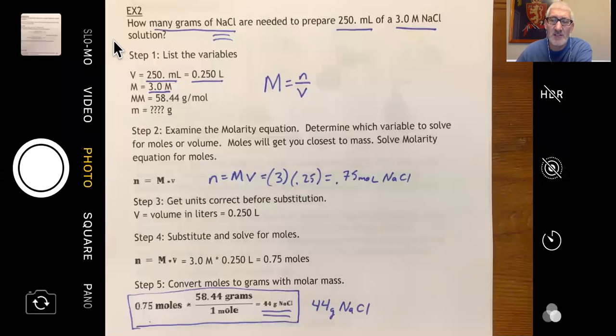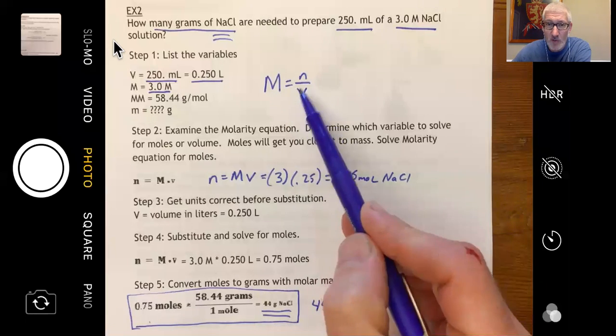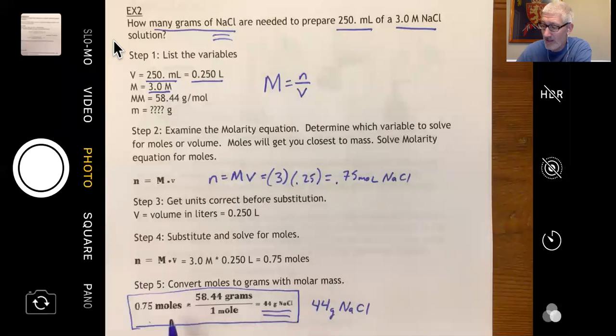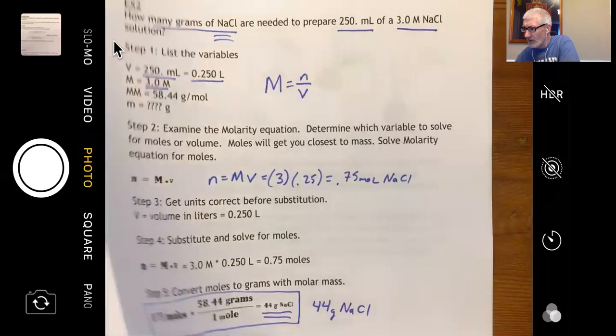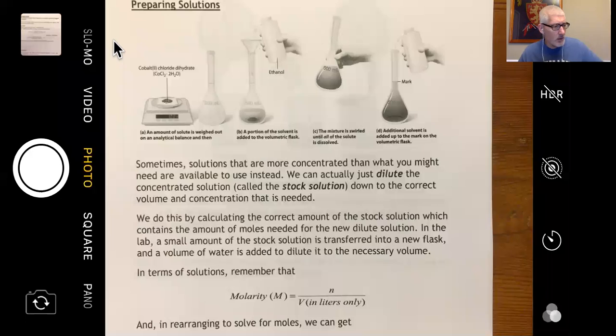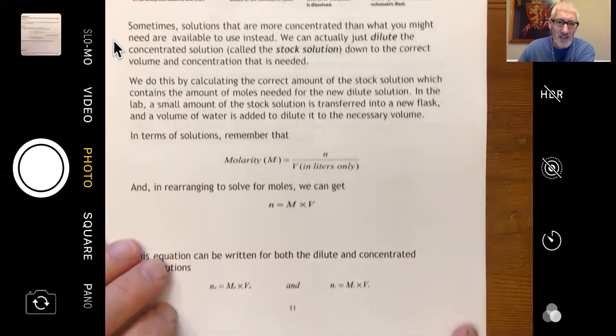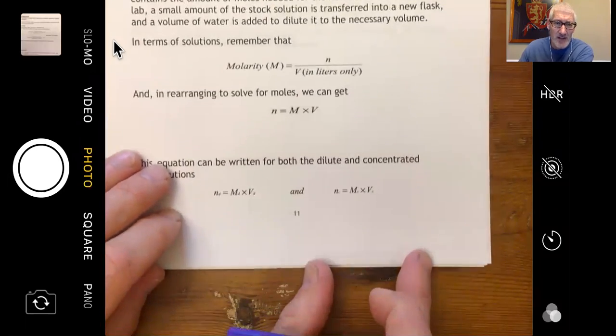All right, so I'm going to shuffle this over here because there's one other thing that I wanted to go through. So this is basically, I'm going to give you 2 parts of this formula, and you'll have to find the third, and you just have to remember how to convert between grams and moles. So in terms of making solutions, I'm going to sort of zoom through this here, because this gets at an important idea down here at the bottom.